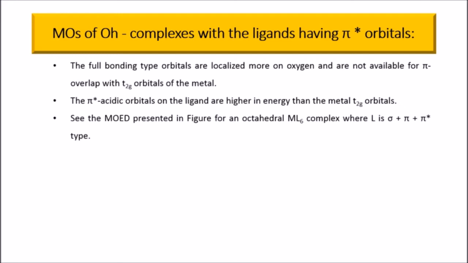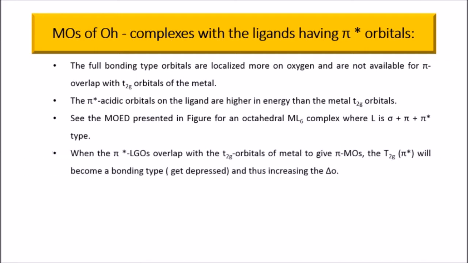See the MO diagram presented in the figure; we are going to see the lower figure as well, for the octahedral ML6 complex, where the ligand has sigma plus pi star type orbitals.